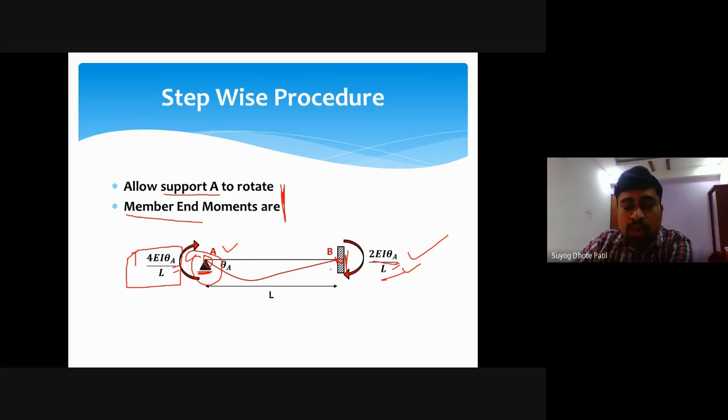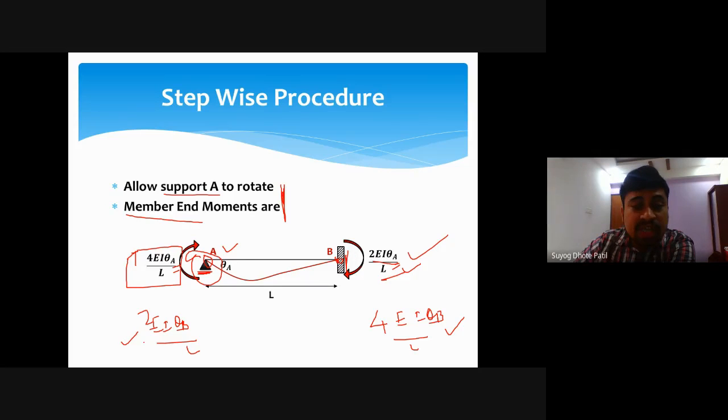Okay, if I allow support B to rotate, then this will be 2EIθB/L, and this will be 4EIθB/L. So in that case, if I allow support B to rotate, 4EIθB/L will be on the right hand side, and 2EIθB/L will be on the left hand side.